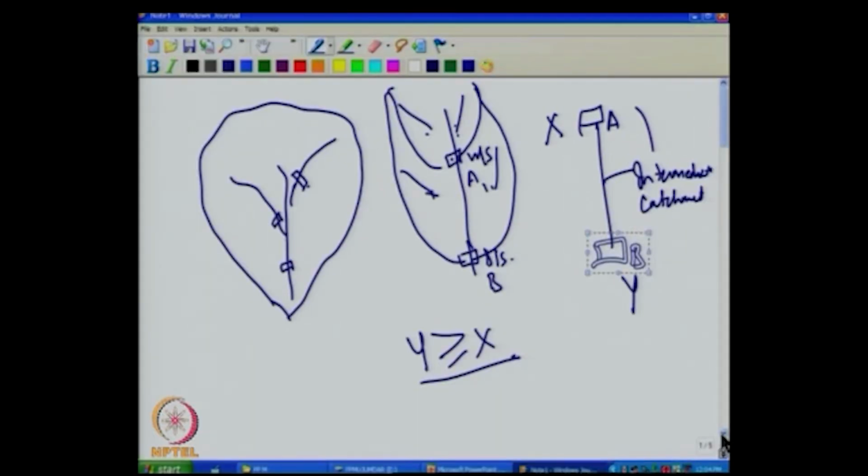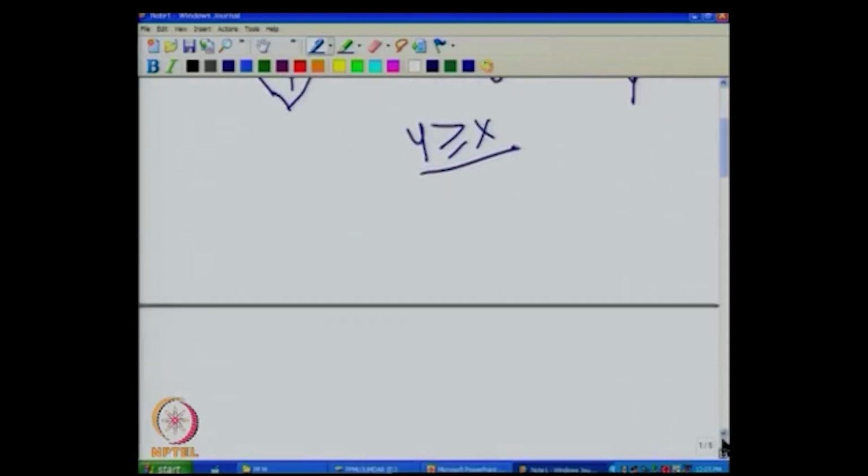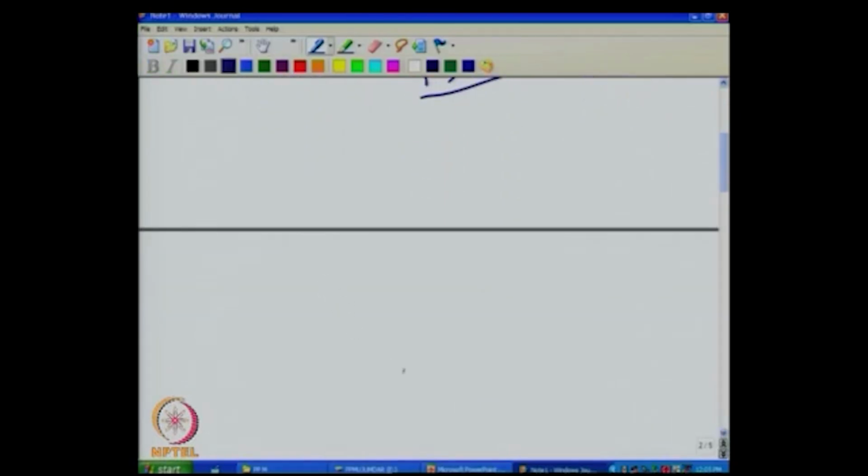What I mean by all the upstream locations is that you may be focusing on a particular gauge. Let us say that the gauge is here and this is a stream. There may be one gauge here, there may be another gauge here and then this is the gauge that we are talking about. Let us say this is a gauge B and this is A and A dash.